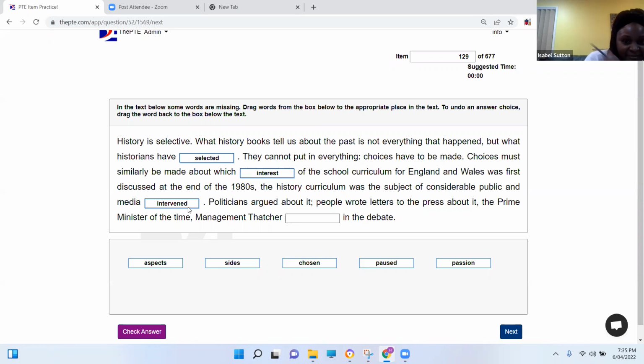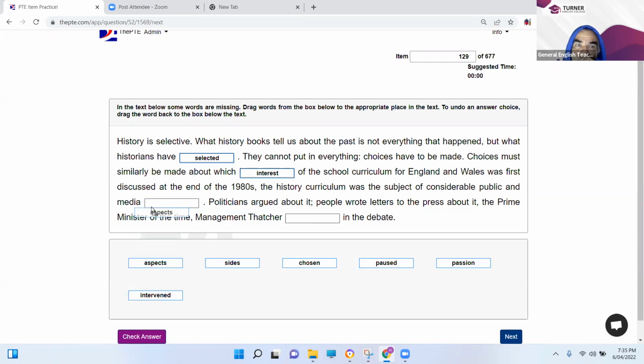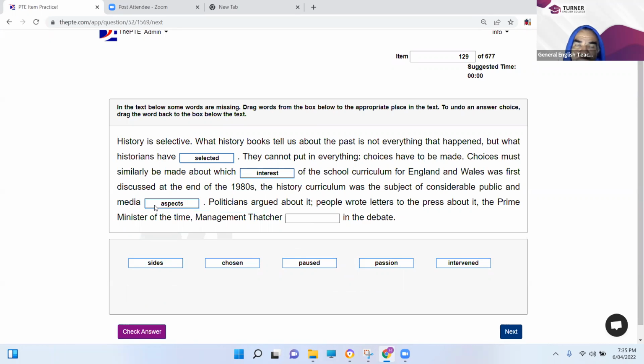Here aspects? Yes, very good choice. And my last one will be intervene. Okay. Does anyone else have a different idea? No? I have interest in aspects.